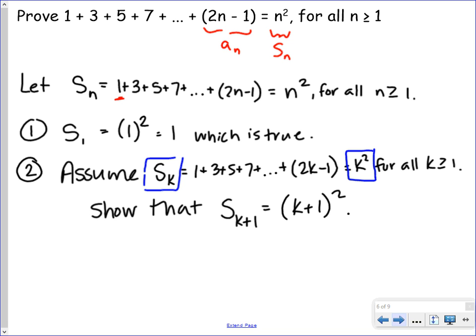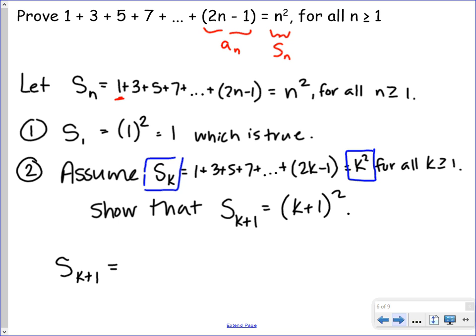So this is where you're doing the work from yesterday. You're practicing plugging in your k plus 1. Okay, now we're actually going to verify that algebraically. So I'm going to say s sub k plus 1 is equal to, and if I said add up the first 50 terms, what would you do? 1 plus 3 plus 5 plus 7 plus 9 plus 11 plus 13, and so on until you've done 50 of them.